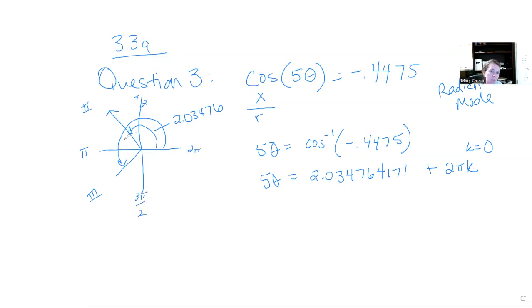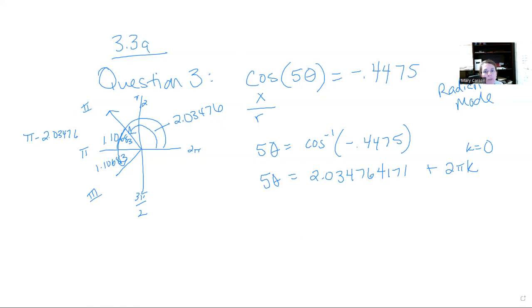To find this angle measure, you would do pi minus 2.03476. In the calculator, you're going to get about 1.10683. So this angle from here to here is that, and so this is also that.